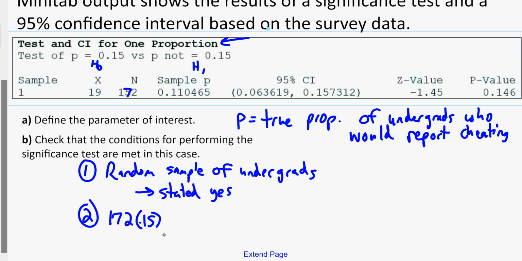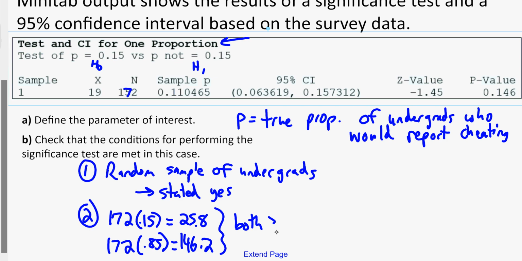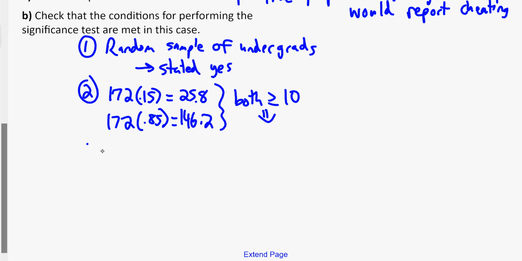And I guess we can get that value. That's 25.8. We should also check 172 times q. It's obviously going to be larger, but it is 146.2. So both are greater than or equal to 10. So we are check on that one.